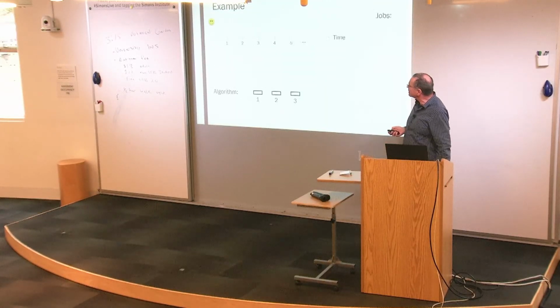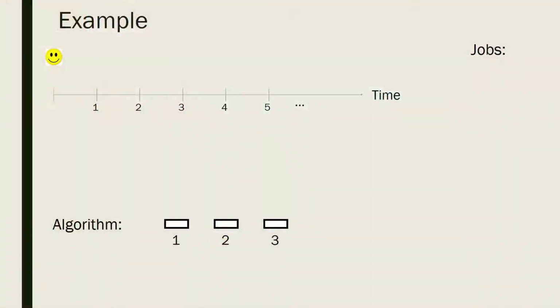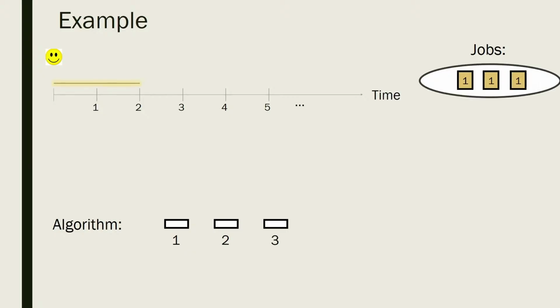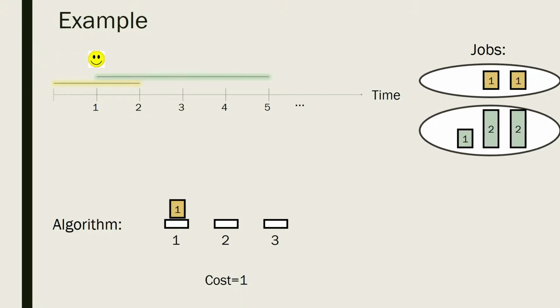I'll give you an immediate example. Here I have three machines. This is the timeline. At time one, I get a job. Again, this is a single job; it's a vector over the machines, and it also has a duration. I put it, let's say, on the first machine. The cost is 1. Now time advances. At time 1, I get another job. Now it has a longer period; the window is between 1 and 5.